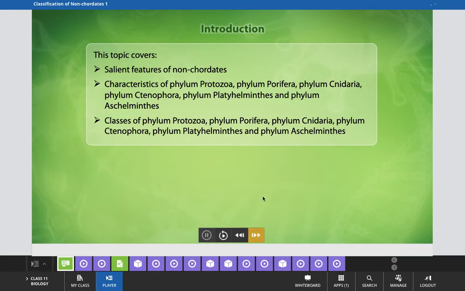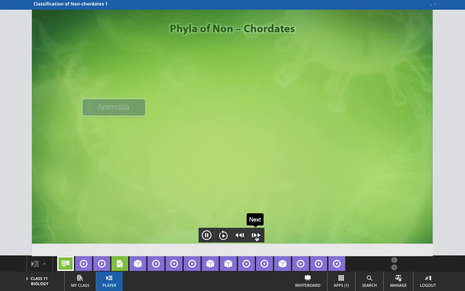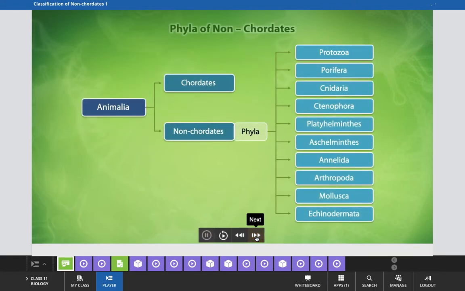Before discussing these two phyla in detail, we will recapitulate the chart in which we have seen the different phyla of the non-chordates. Once again, have a quick recap of this chart that we took in the earlier class also.